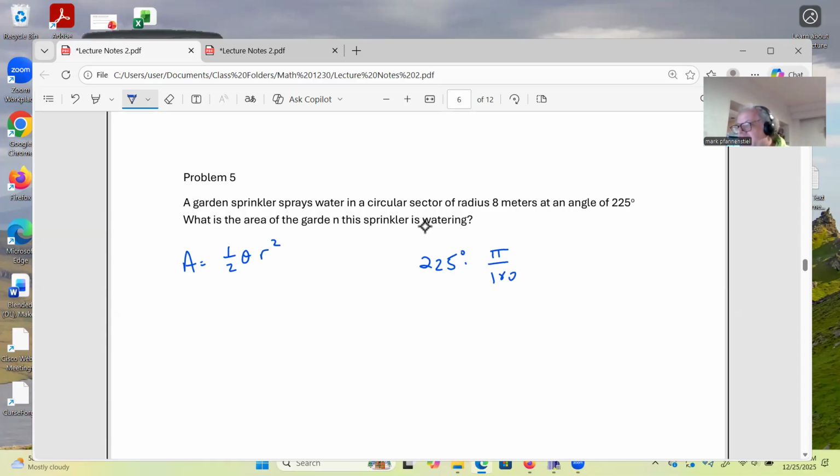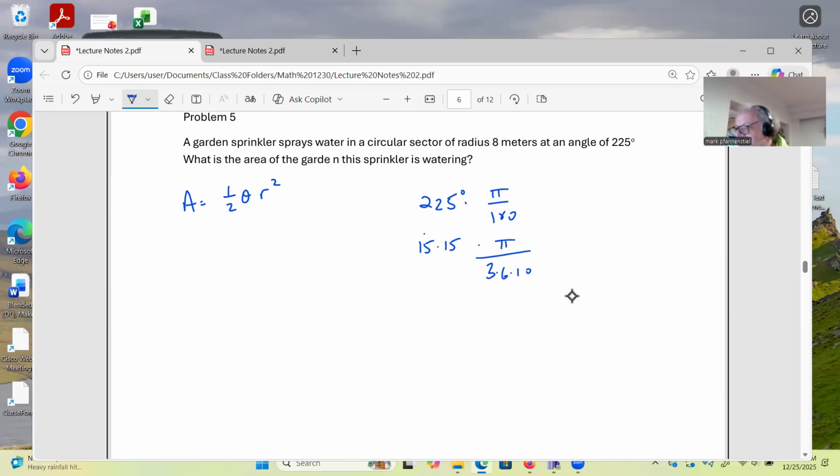So let's see here. 225 is 15 times 15. Times pi, over 180, which is 3 times 6 times 10. Let's go ahead and factor out some stuff. So this is 3 times 5, times another 3 times 5, times pi.